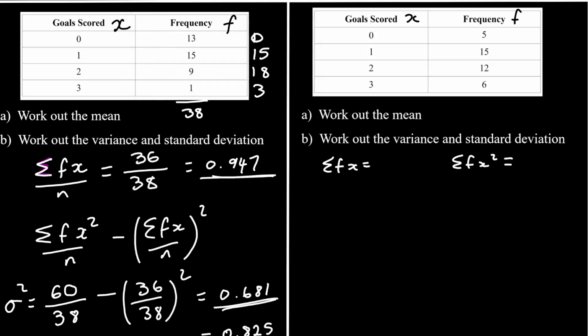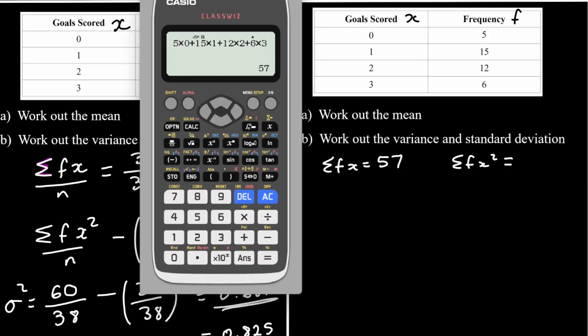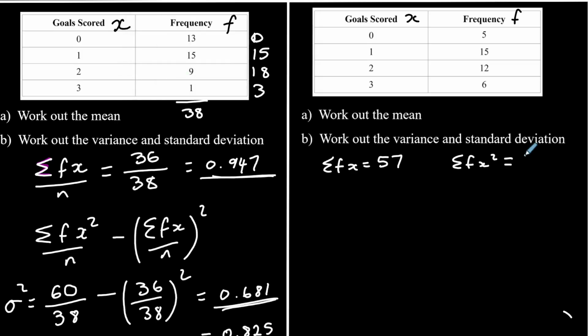That's 57. The sum of the fx squareds, so 6 times 3 squared, 12 times 2 squared, 15 times 1 squared, and 5 times 0 squared is 117. And there's still 38 in total.